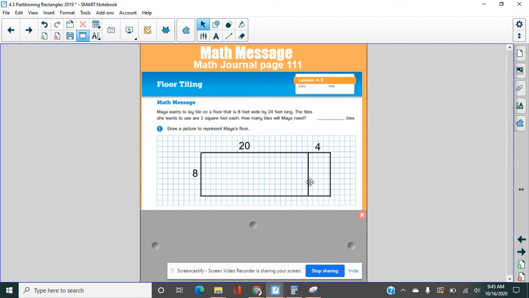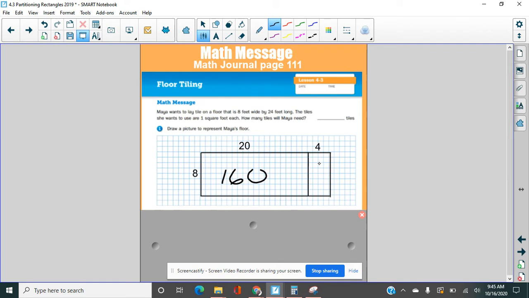Now, you know the formula for area. Area is length times width. So I'm going to find the area of just the big box first. I'm going to do 20 times 8. Well, 2 times 8 is 16, and then I need to put a 0 on the end. The area of this part is 160.